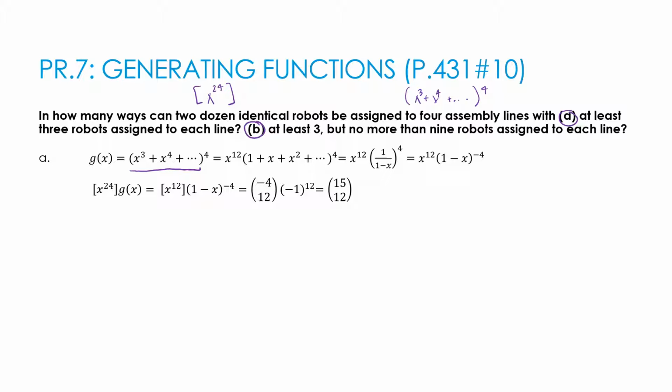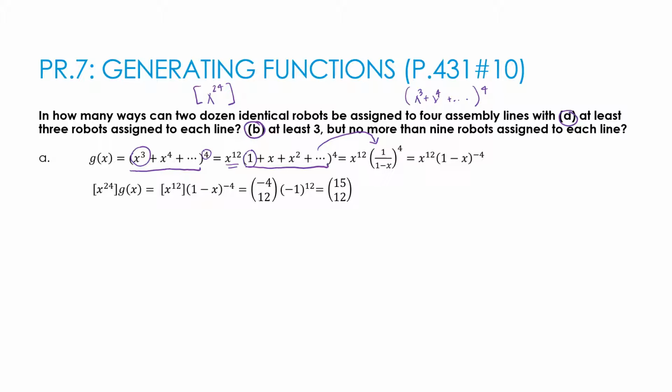I'm going to factor out 3 x's 4 times, so total x to the 12th. Now it gets me that starting at x to the 0, which is 1. All of this can be rewritten as that fundamental identity, 1 over 1 minus x to the 4th.